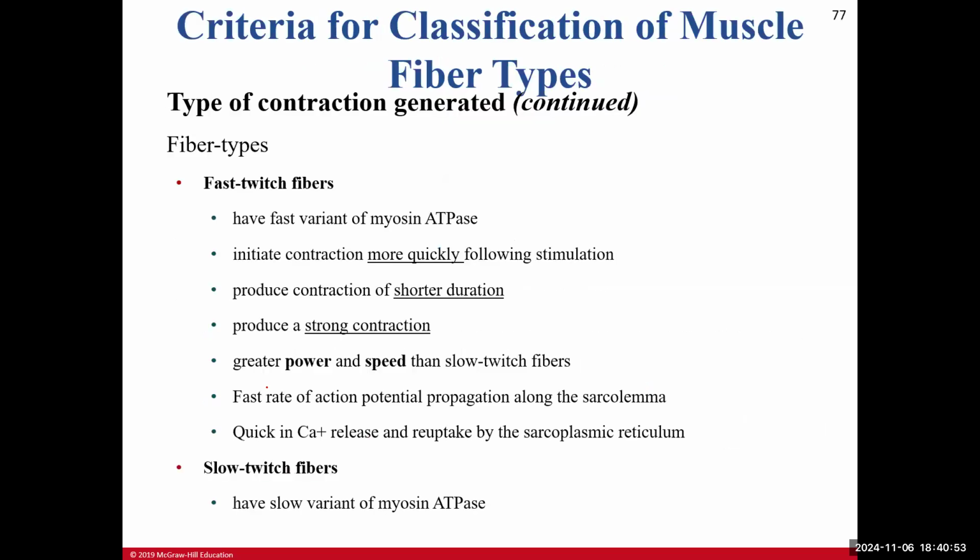All right, so there's a couple different types when we discuss our fiber types here for the type of contraction. One, and some of you may have heard this before, is fast twitch and slow twitch. Fast twitch fibers have that fast form of myosin ATPase.